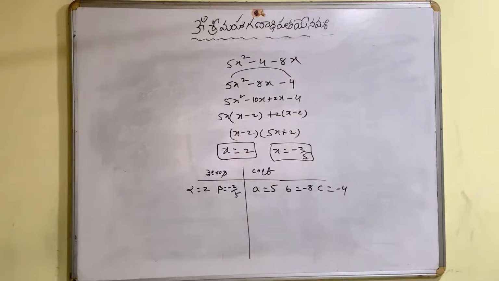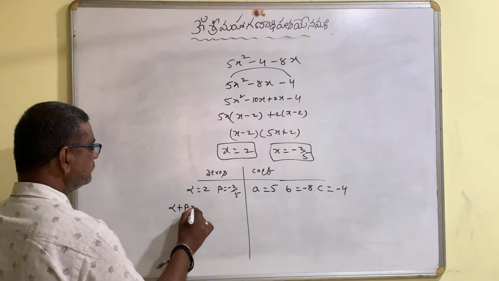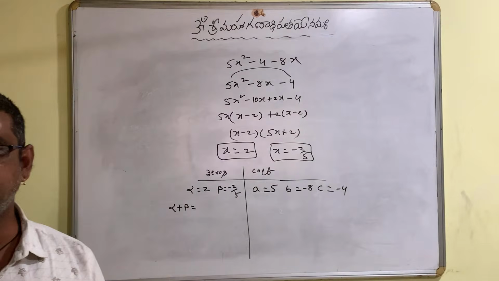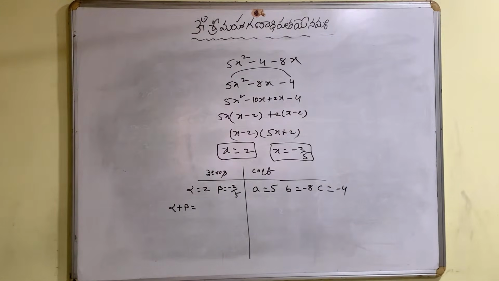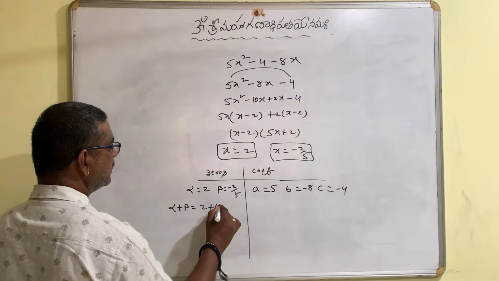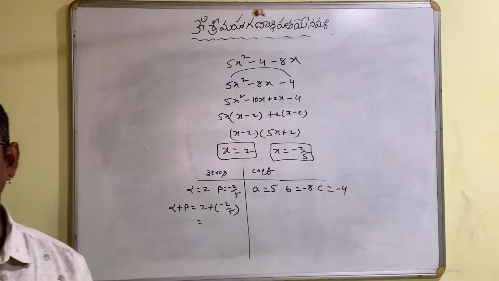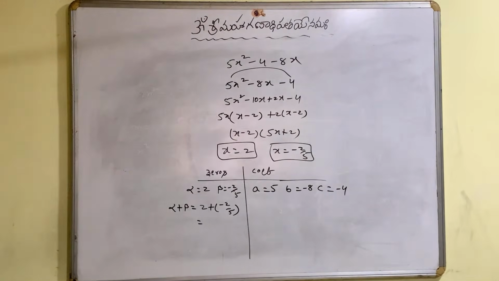Now, first calculate alpha plus beta. That is 2 plus negative 2 by 5. How much is this?